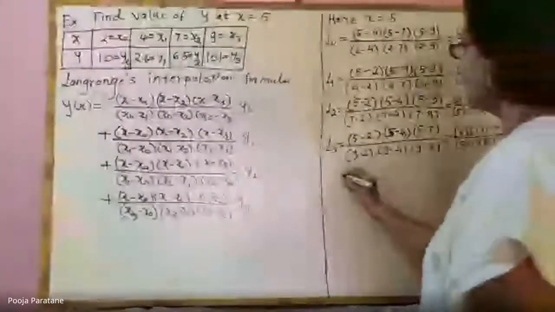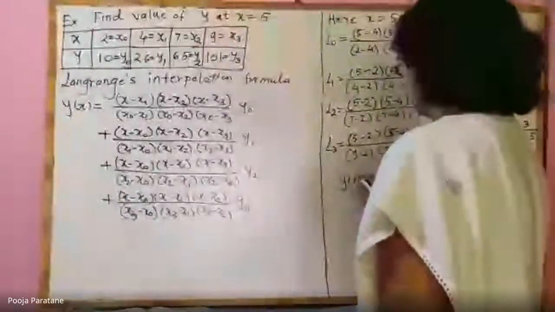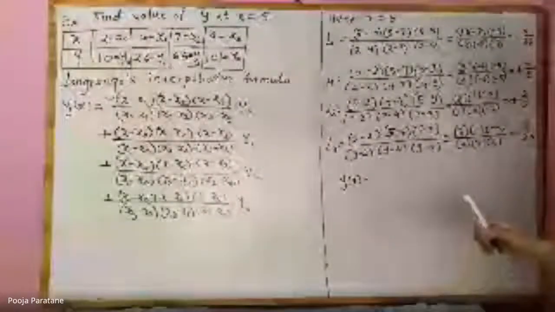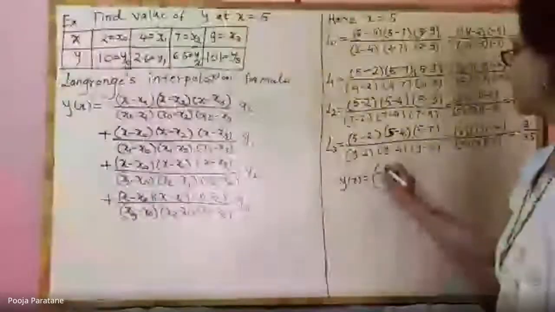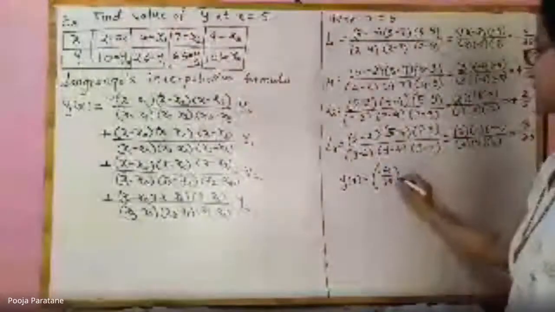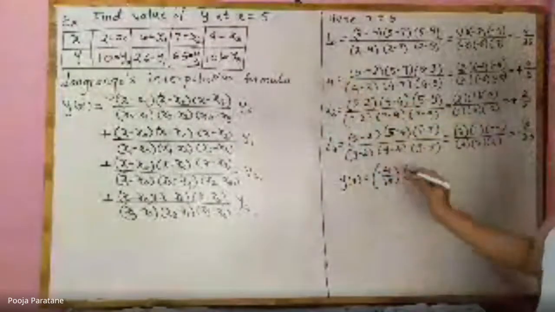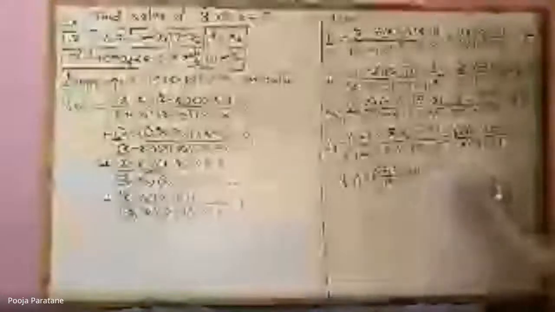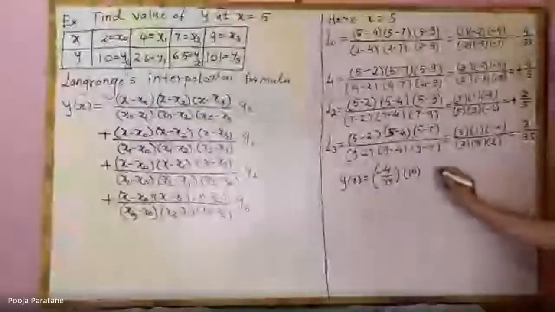So therefore, y(x) equals, let me write, the value of this L0 is minus 4 upon 35. And what is the value of y0? 10. Put everything in brackets, plus.